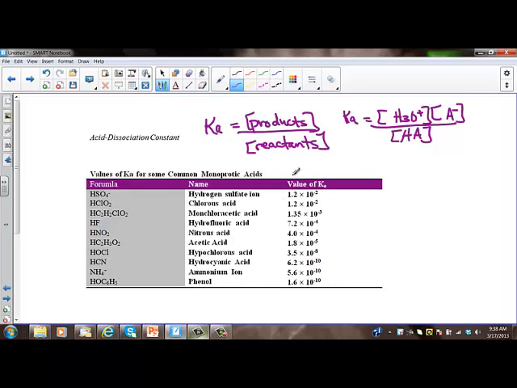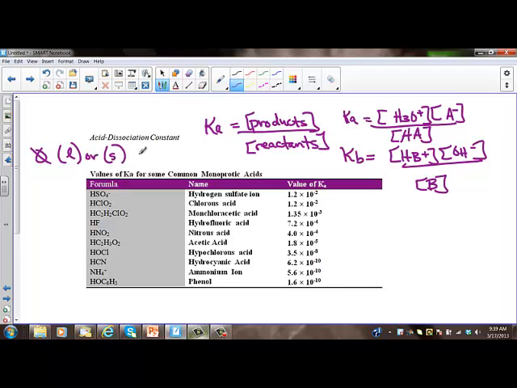I'm not going to rewrite that, but using the example I just did with base plus water yields HB plus and OH minus, my Kb would be equal to the concentration of HB plus times the concentration of OH minus over the concentration of B. Please remember again that no liquids or solids in K expressions, and that's from the last unit.